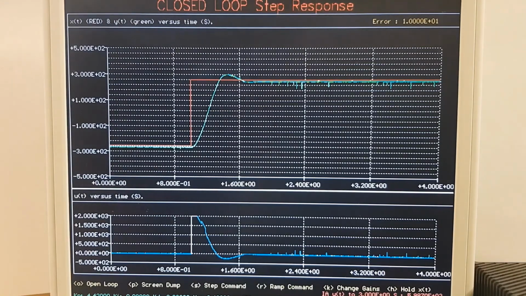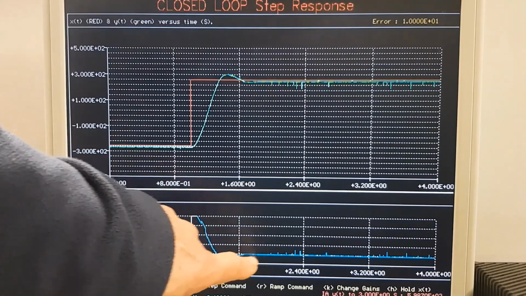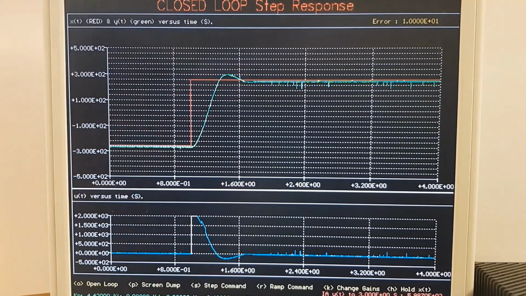There's our transient response this time. We can see again a little bit of noise in here, but not much noise, and that transient response is typical of what we might be expecting to see.